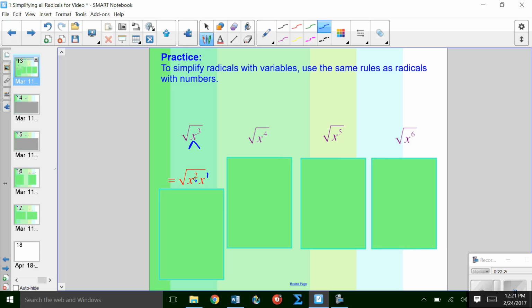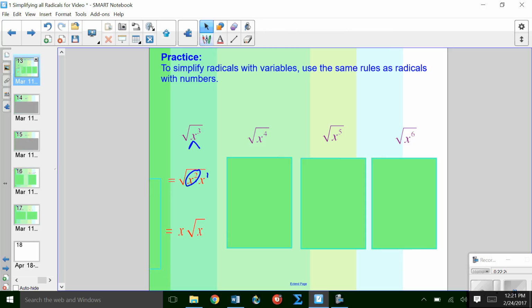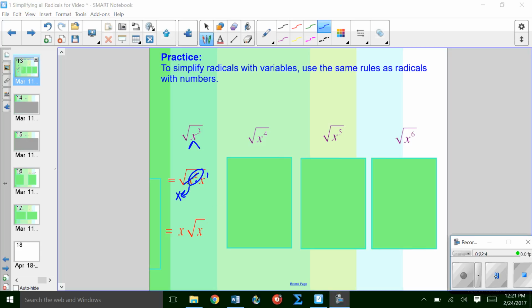Now the x squared piece we can take the square root of. So that will come out of the radical as just an x on the outside, because the square root of x squared is x, and then there's an x to the first on the inside. So we have x times square root of x as the simplified version here.